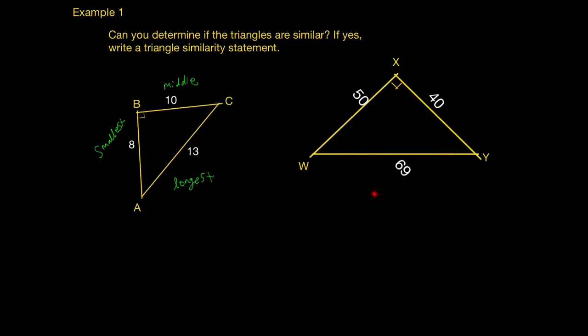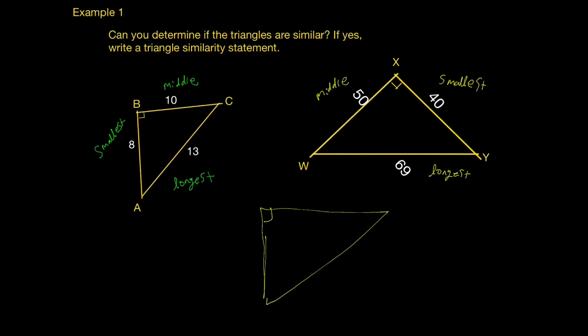So in order to make sure that this triangle is facing in the same direction as this one, I'm going to make sure that I have the middle side right here, the smallest side right here, and the longest side right here. So here 69 is the longest, 40 is the smallest, and 50 is the one in the middle. So now I can put 50 right here, 69 right here, and 40 right here.